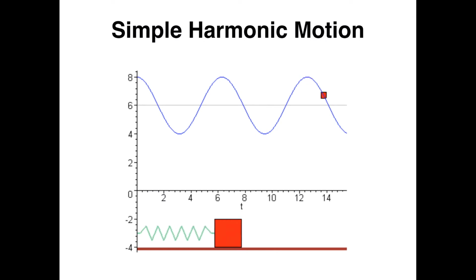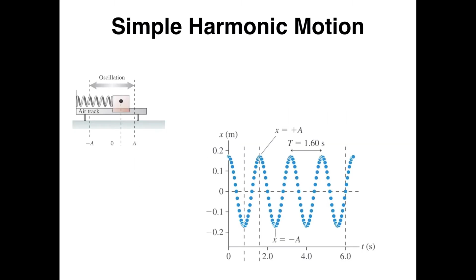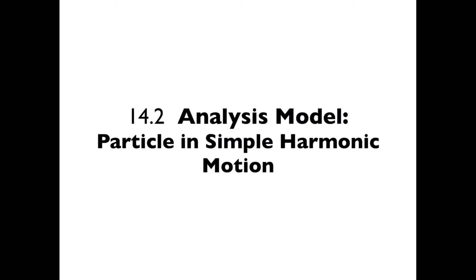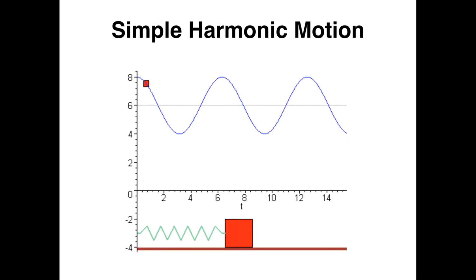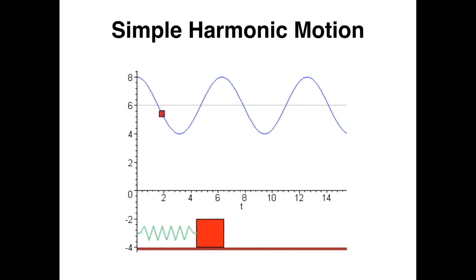Which means if you look at the block moving back and forth, you can also see the block as it moves up and down on the graph. So you have the block moving back and forth, you also have it moving up and down, and you can see the highest point it reaches is 8, the lowest point it reaches is 4, okay?